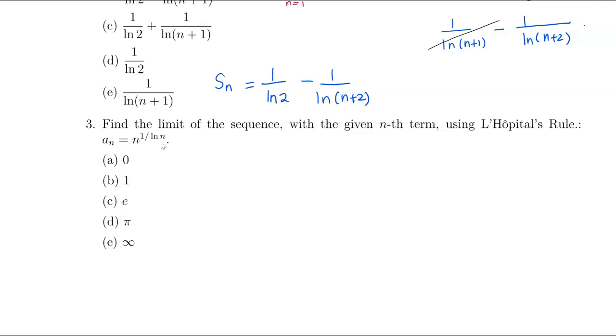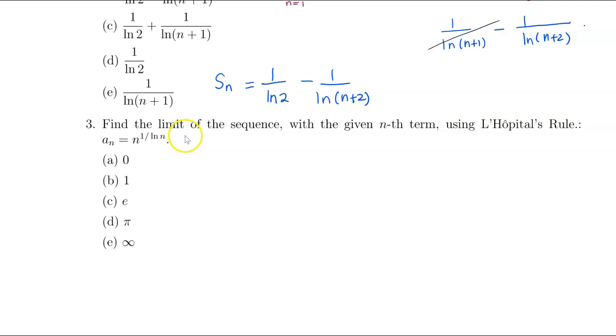When you use the divergence test for the series, all you need to do is take the limit of your A sub n as n approaches infinity. Or if you want to know convergence or divergence of your sequence, you also take the limit of A sub n.